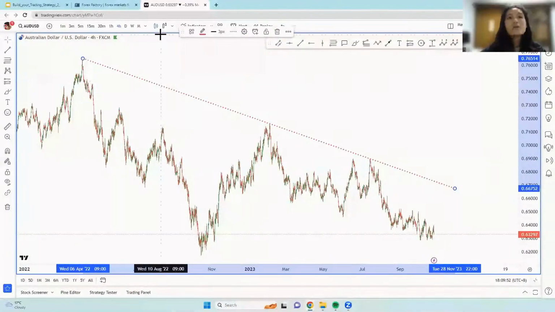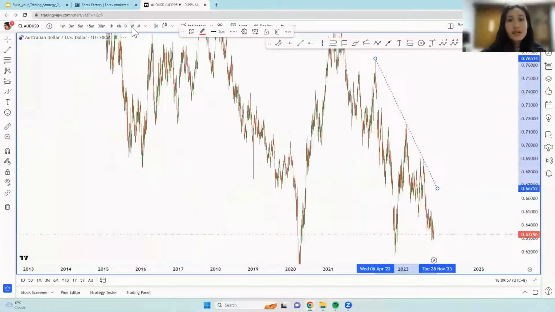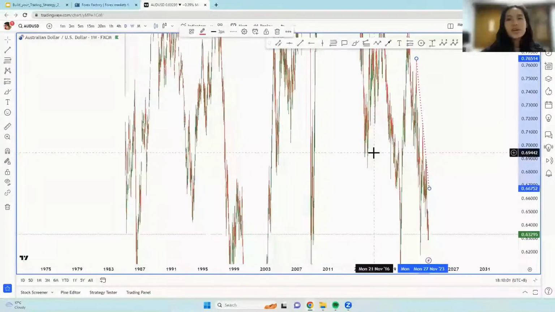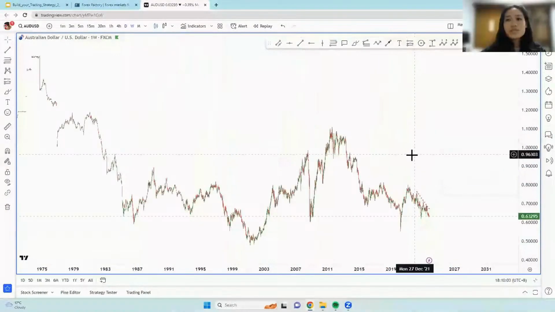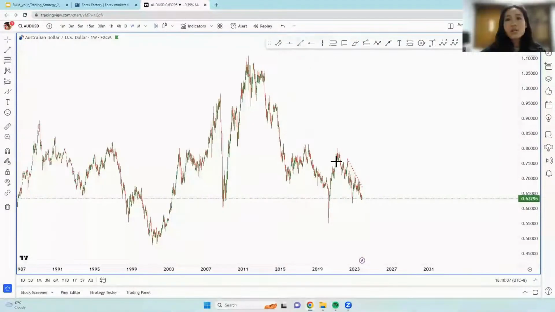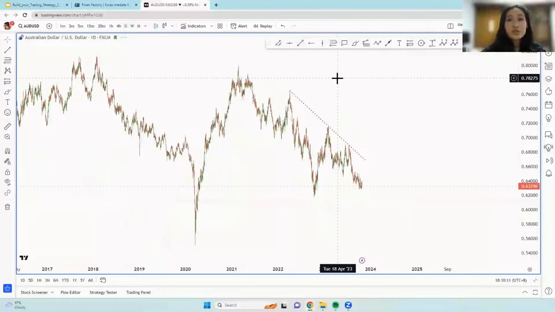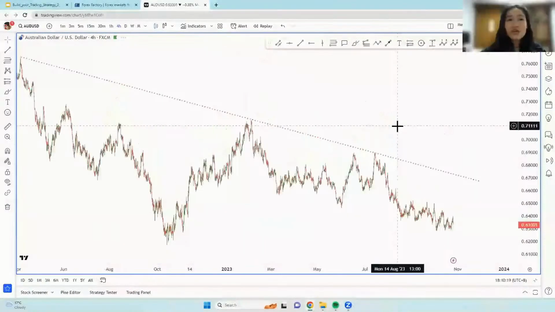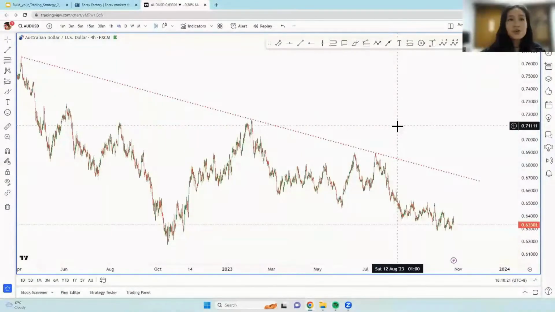But I will also want to reference the higher time frames, such as the 1 day as well as the 1 week. The reason for this is so that you can see what the general trend is, even on the higher time frames, because sometimes it does differ between the time frames. So it's important to take note of the different time frames, especially the higher time frames.